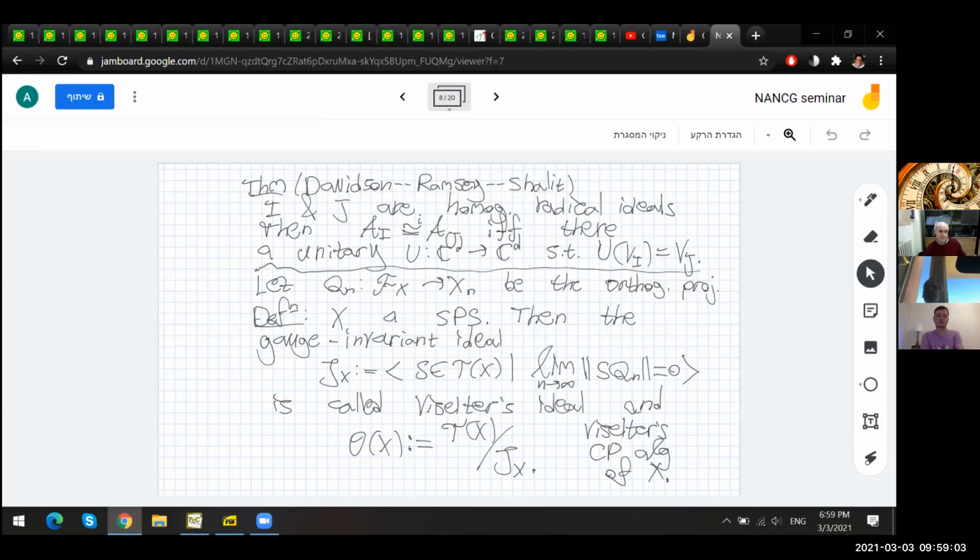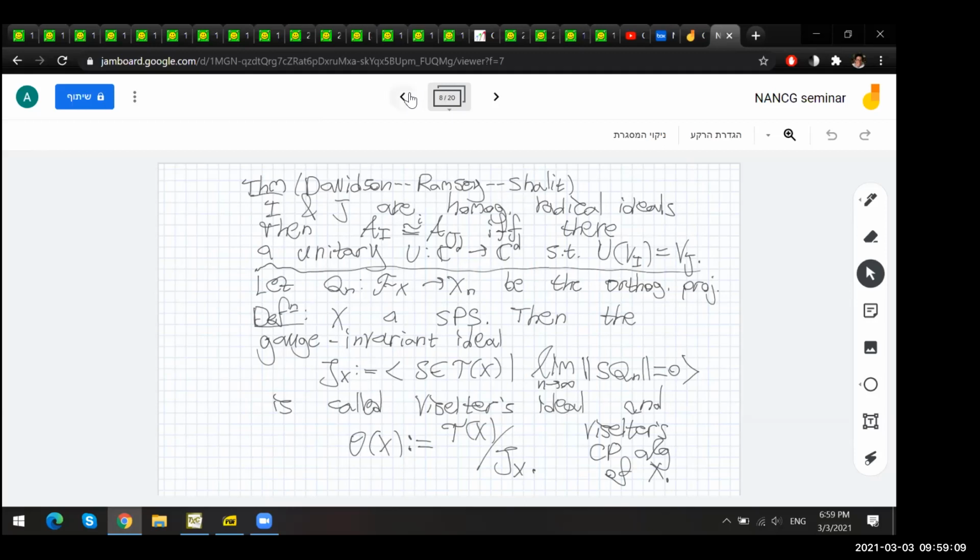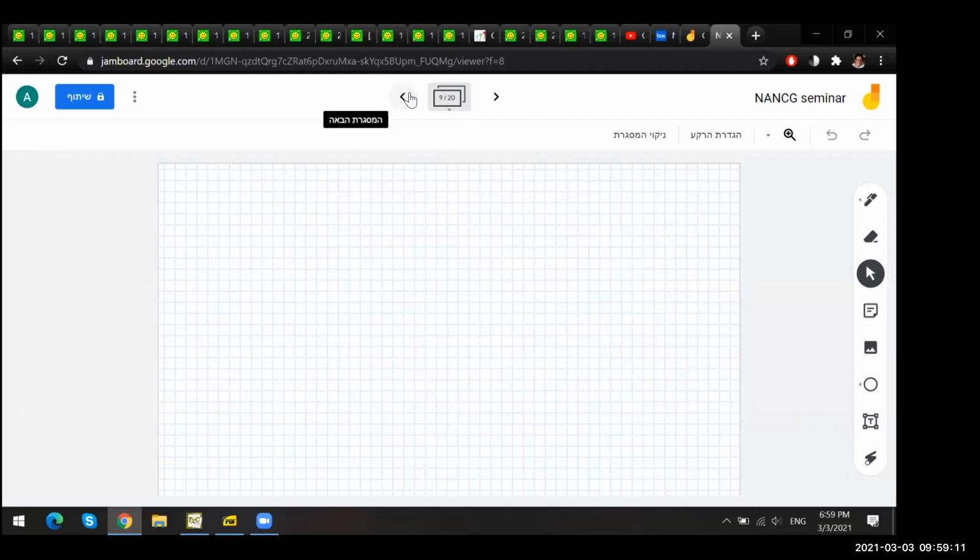Okay, and so a few remarks are in order. Let's move to the next board. So remarks. One: Wieselter only worked with essential and faithful C-star correspondences. So he did it more generally than the notion of subproduct systems that I defined here. He did it for subproduct systems over any C-star algebra.